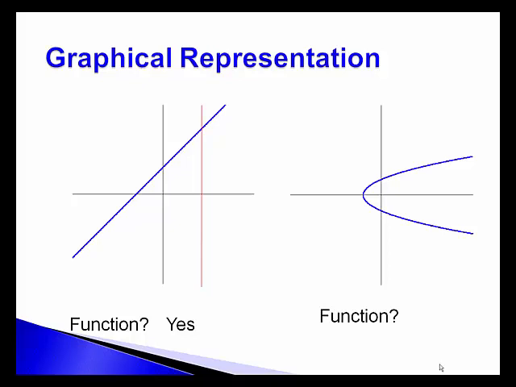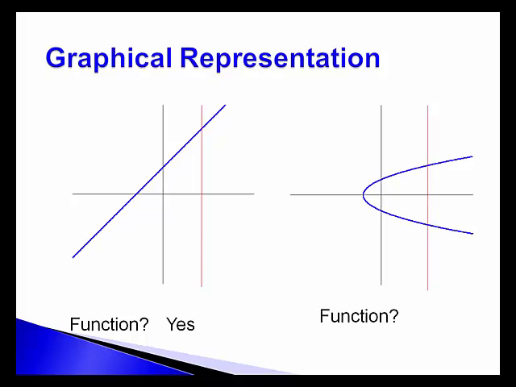Let's move to our next graph now, and let's draw a vertical line over there. Here I have a vertical line that touches that graph in how many places? Well, I strategically placed that one so that it touched the graph only in one place. But the question is, can I draw a vertical line anywhere that would touch that graph more than once? Well, let's move the line over here.